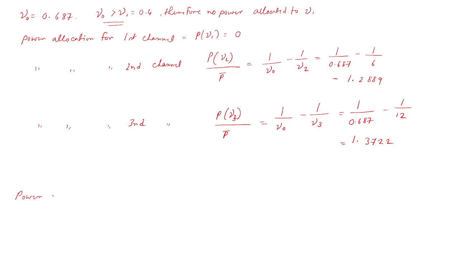The power assigned to the channels in order of gamma 1, gamma 2, gamma 3 is given as 0, 1.2889, 1.3722.